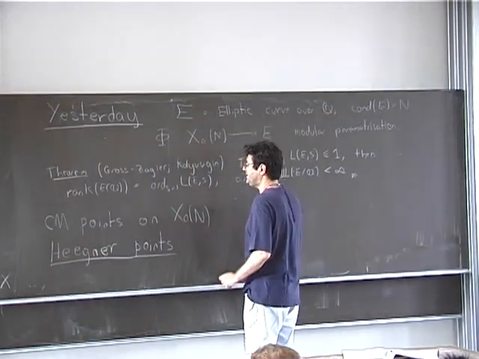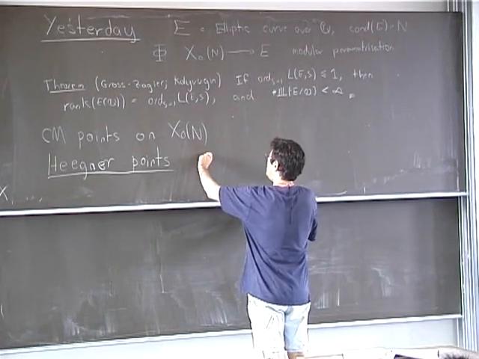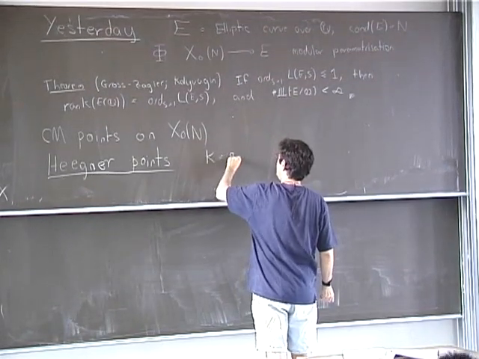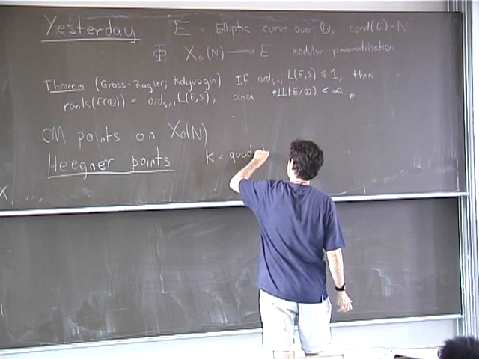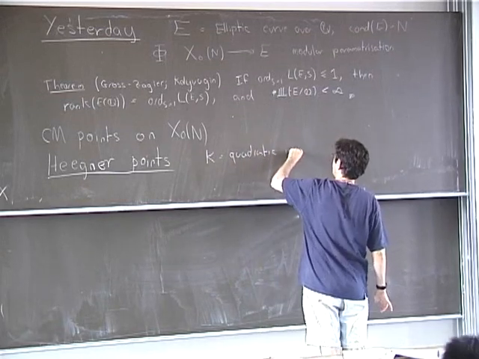So I'm going to assume from now on, I'm going to let K be a quadratic imaginary field, which will be fixed in the discussion, mostly.